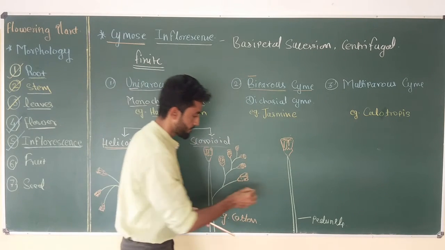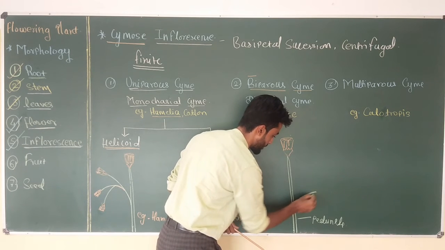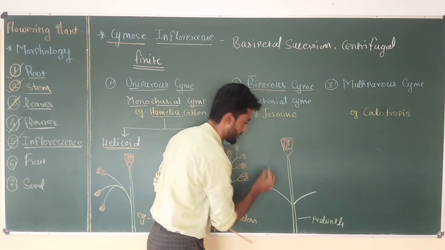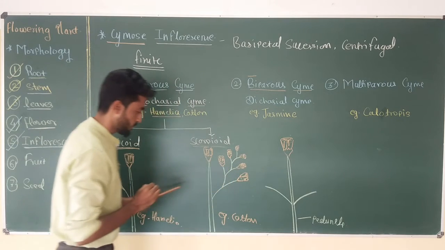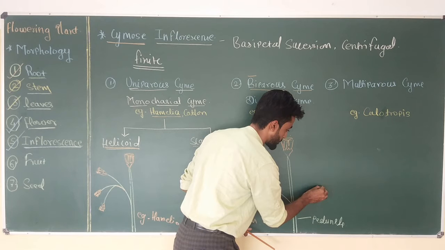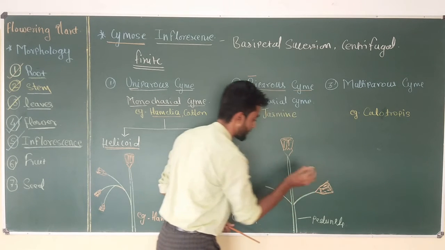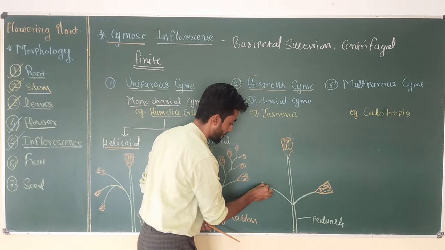Okay, and now two branches arise at a time from the peduncle. Okay, so in the previous case only one branch arose, but in case of biparous, two branches arise from the peduncle, and each branch terminates in flower.